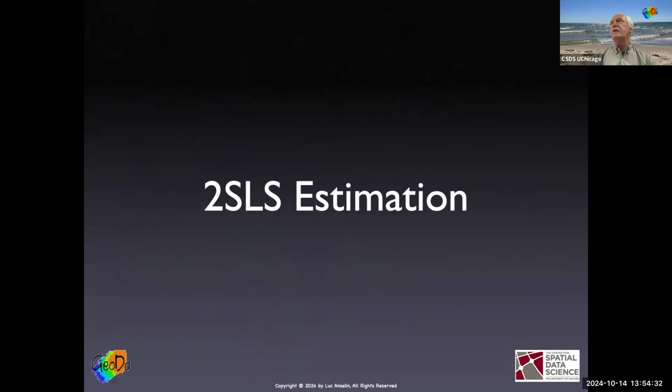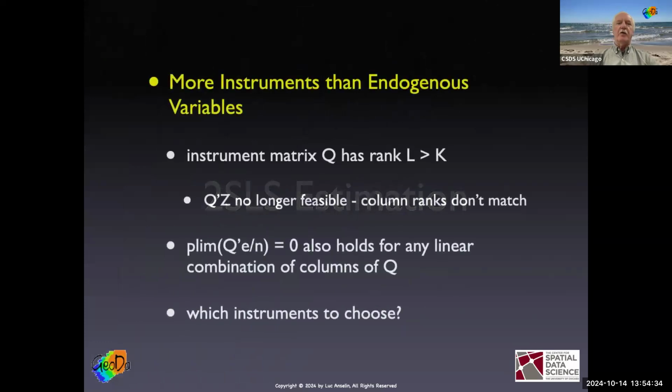Now, what is two-stage least squares? Two-stage least squares is the case when you have more instruments than endogenous variables. In the instrumental variable case, the classic case is 1 for 1. Here we have more. So you have an endogenous variable, and say you have 3 candidate instruments.